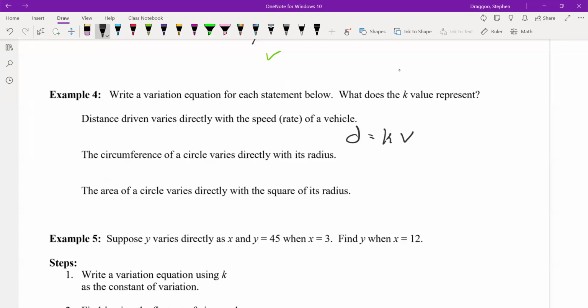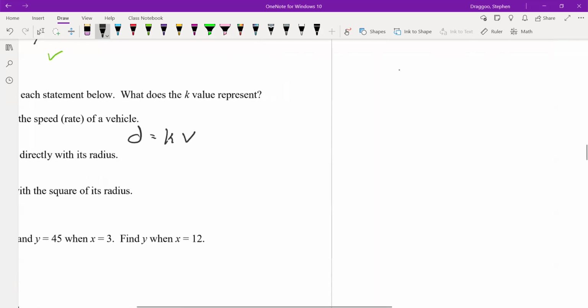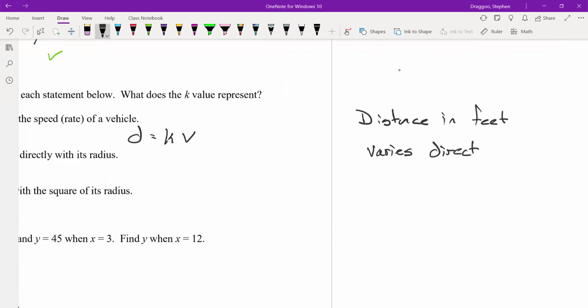It's pretty similar to slope. There's just some constant that relates the two ideas. A decent example of what this might look like is, say, distance in feet varies directly with distance in yards.